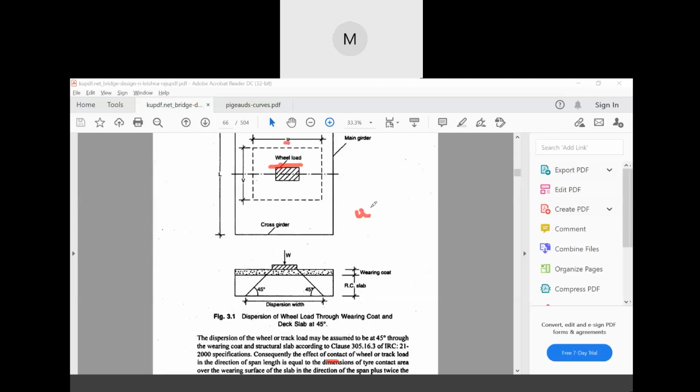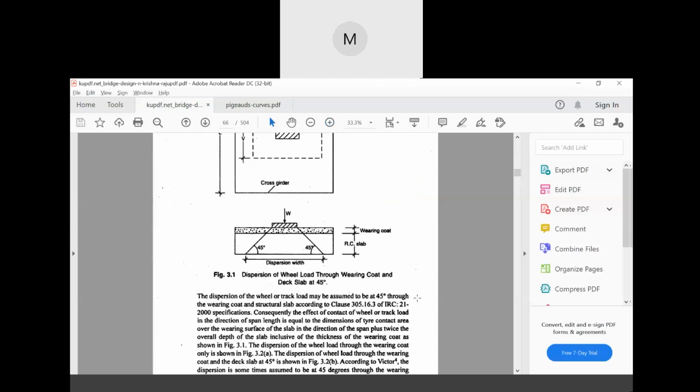The small u equals what? 0.5 plus twice the overall depth of the slab, right?